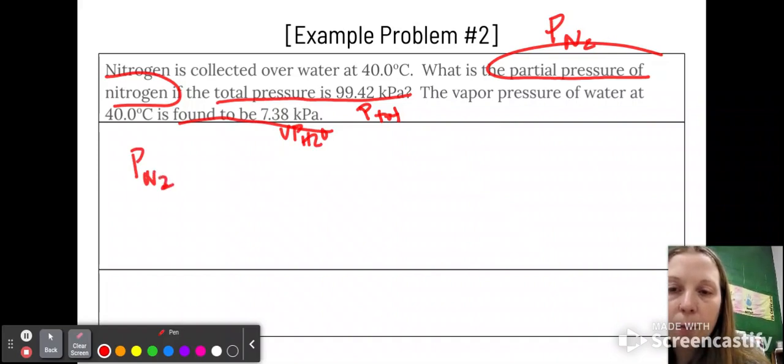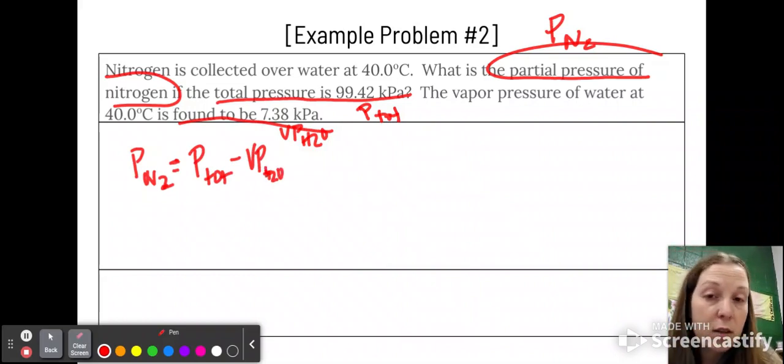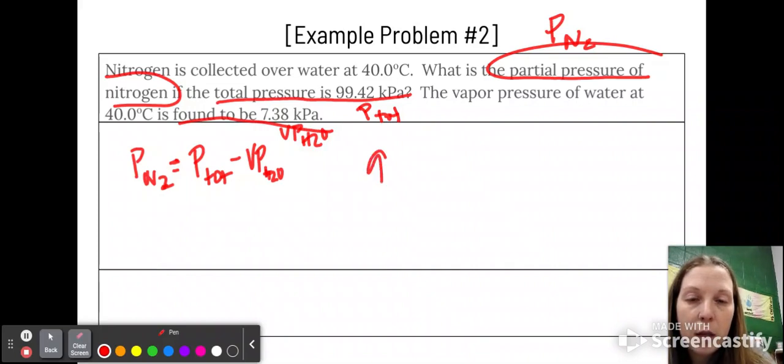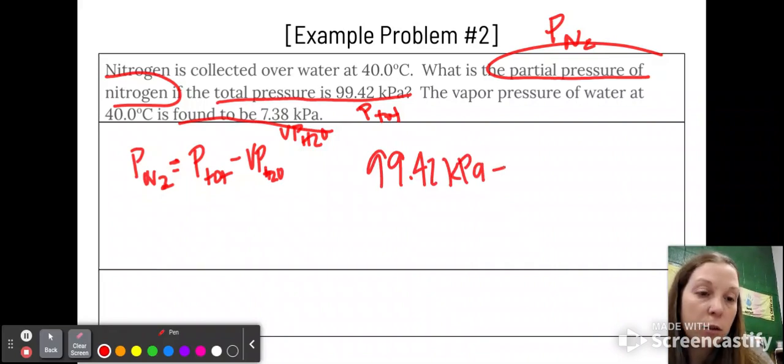Remember that my calculation here would be the partial pressure of the gas that you want is equal to the total pressure minus the vapor pressure of water, since we're collecting it over water. And thankfully, we have all those values, so this is just a plug and chug kind of problem. So we've got 99.42 kPa. Again, you've got to make sure your pressures are in the same units, which they are here.